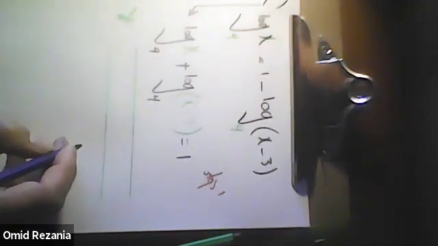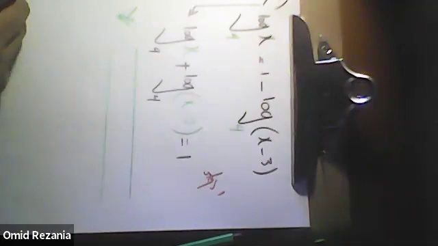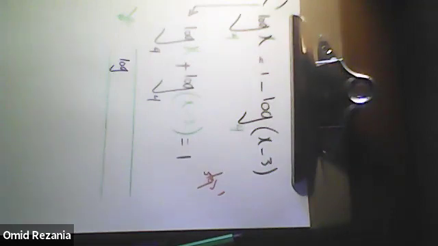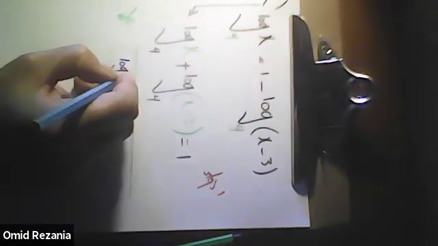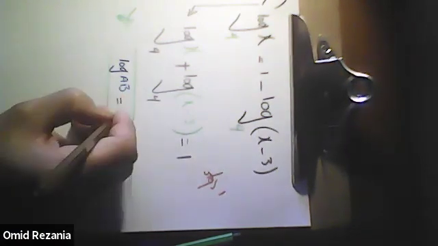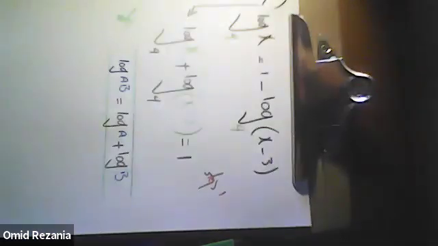Guys, for property number 5, we said that the log of A times B, where A and B are two different functions with any base, should equal the log of A plus the log of B. Do you remember that? Property number 5.